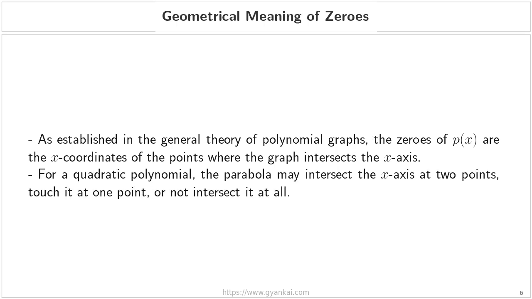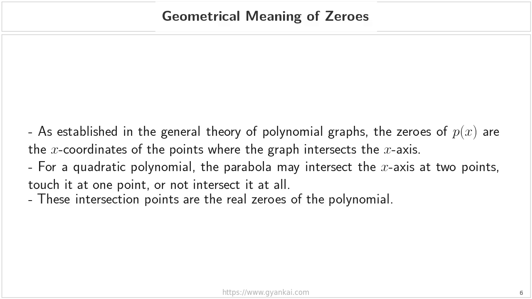When we apply this to a quadratic polynomial, we see something very interesting. Because of that U-shape we just discussed, the parabola can interact with the x-axis in three distinct ways. It might cross through the x-axis at two different points, it might just barely touch the x-axis at a single point, or, in some cases, it might not intersect the x-axis at all.